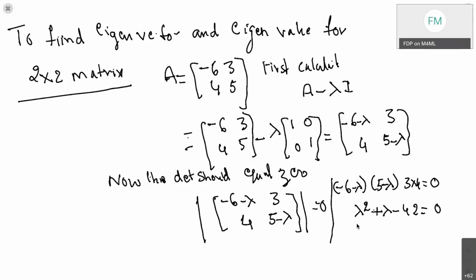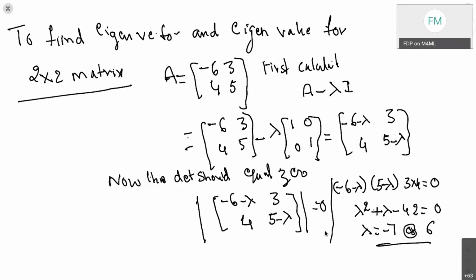Solving this, we get lambda equal to -7 or 6. Now we have two possible eigenvalues.